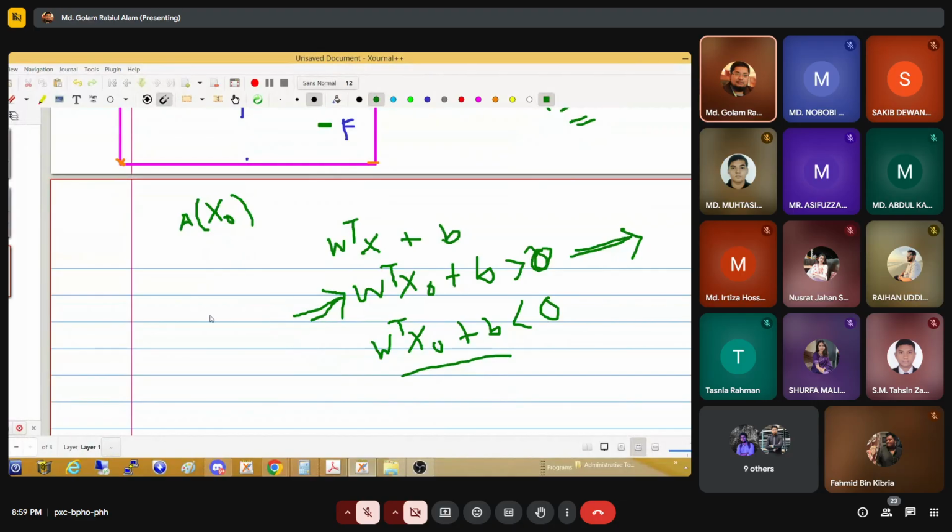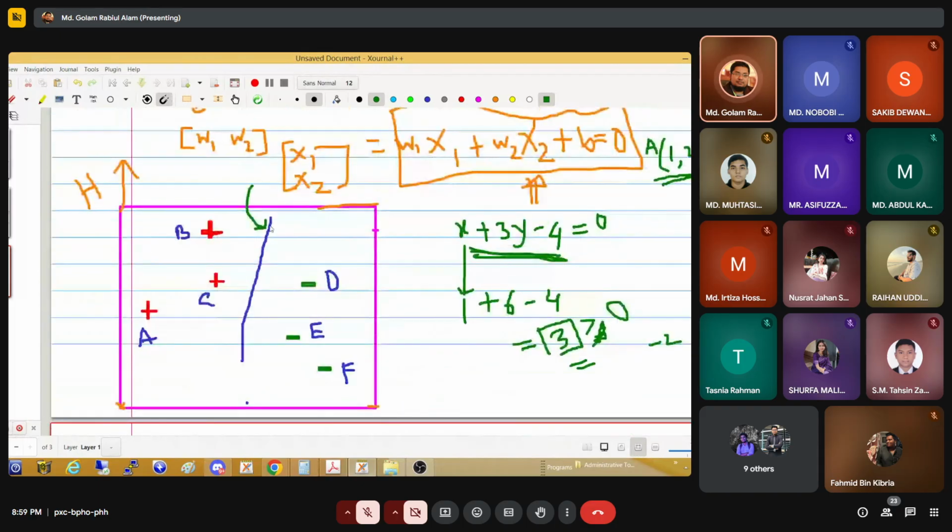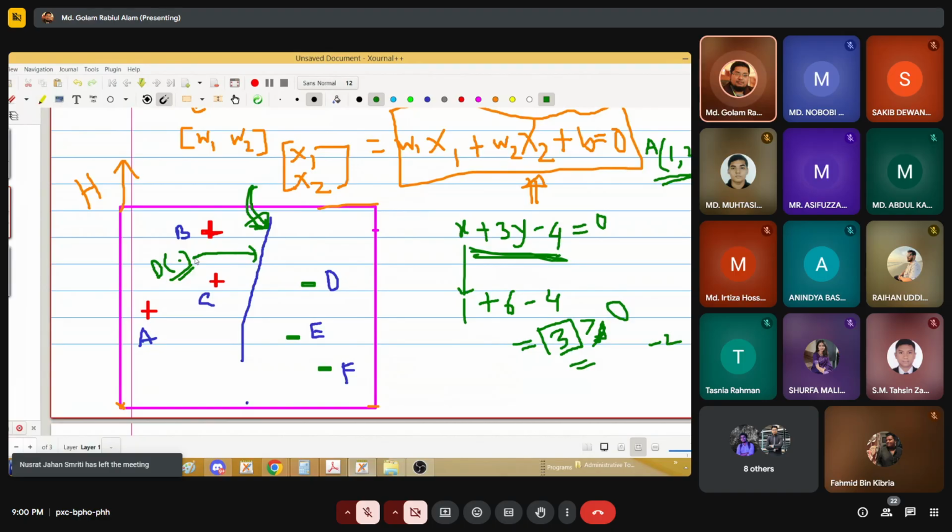So this is our separator hyperplane. It will provide us the class label. For a test case, if a point D is here, and this is our hyperplane equation, we put the value in this hyperplane and we get a positive.